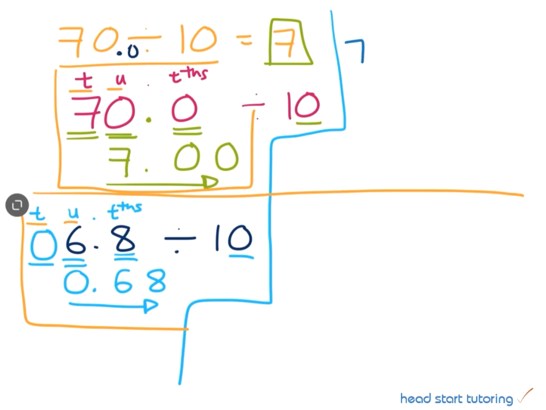So let's have a look at 70.0 divided by 10. When we are dividing by 10, we are going to actually move, just to show our working, our decimal point one place to the left, and that is more just to indicate that we know that it's actually our place values that are changing.